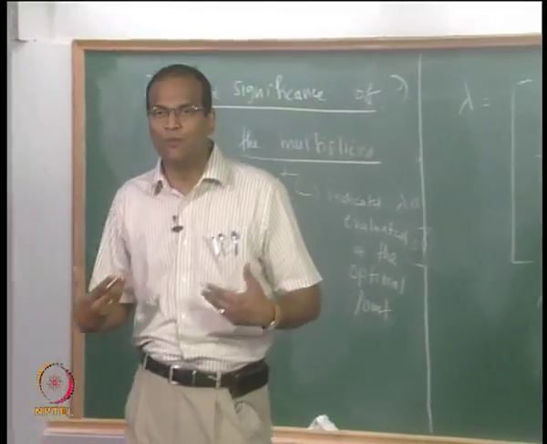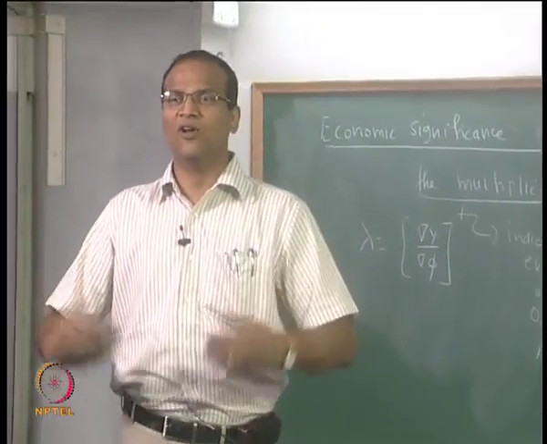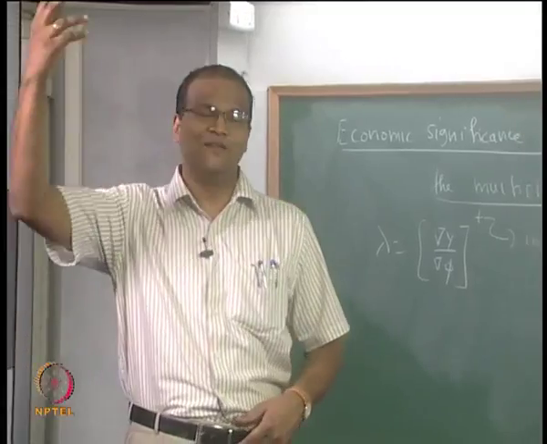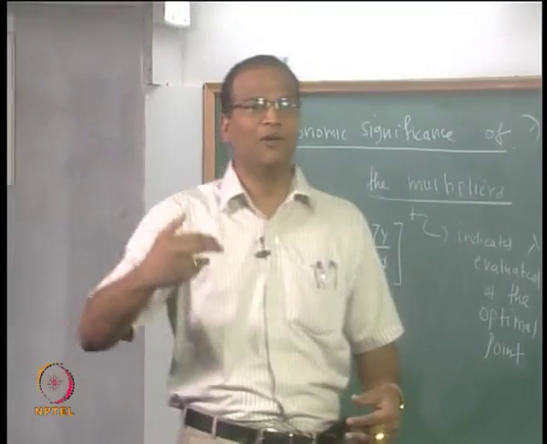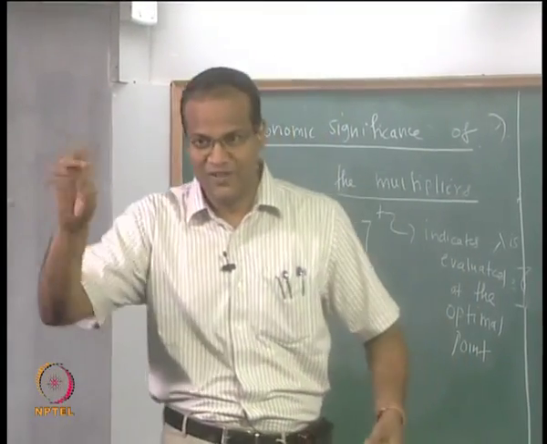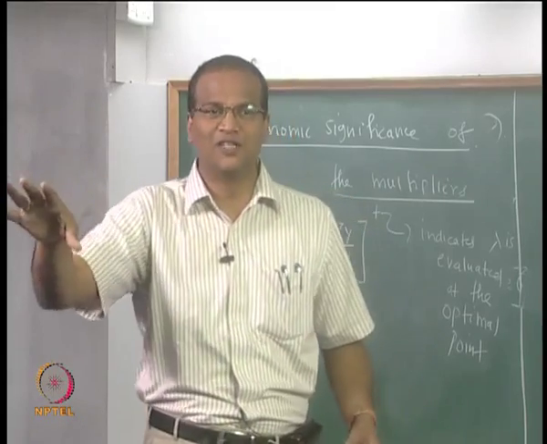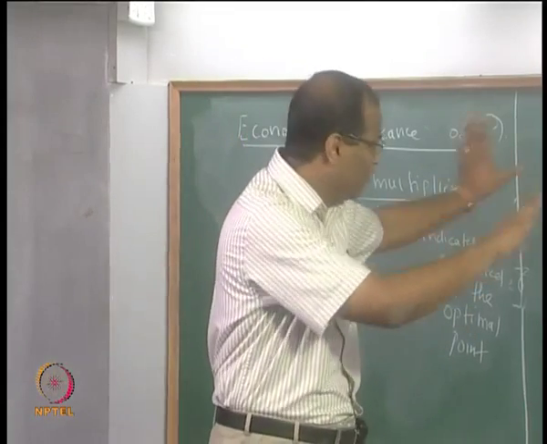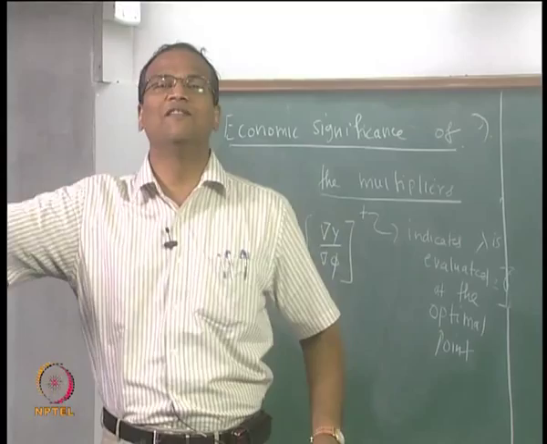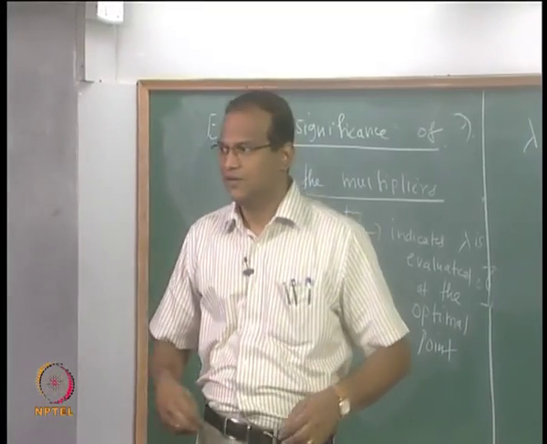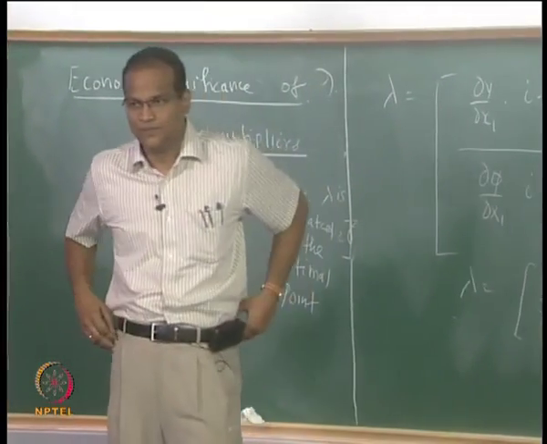So it is a shadow price. If you pump in more resources, what will be the profit? It is a shadow because it is not done yet. If you put in those resources according to all these formulations, it should result in so much change in the profit. That is why it is called the shadow price.